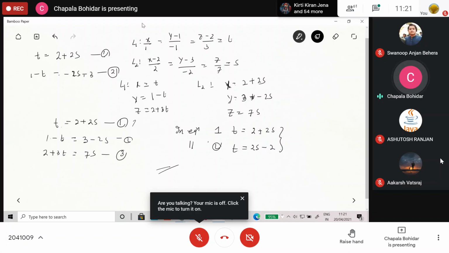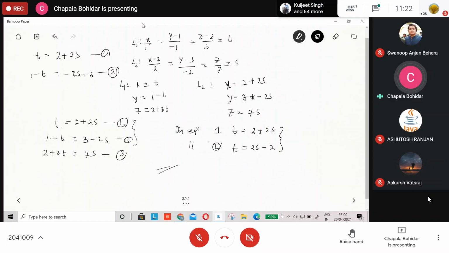First I am considering these two equations. But here t is equal to this value and t is equal to again this value. So it is not possible. So they do not intersect, L1 and L2. Skew lines.